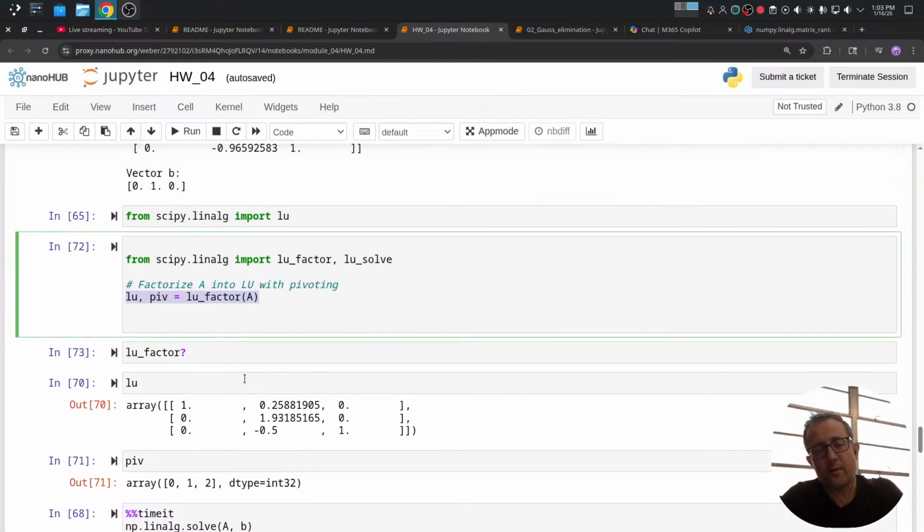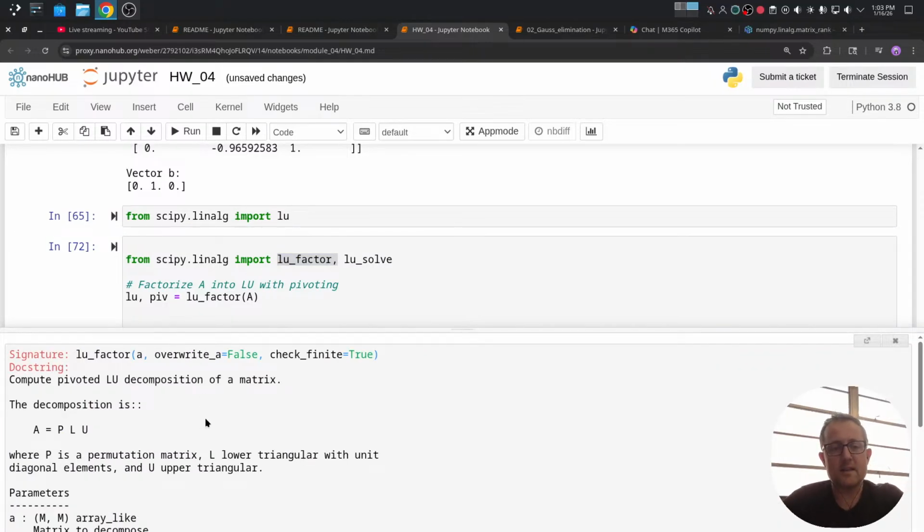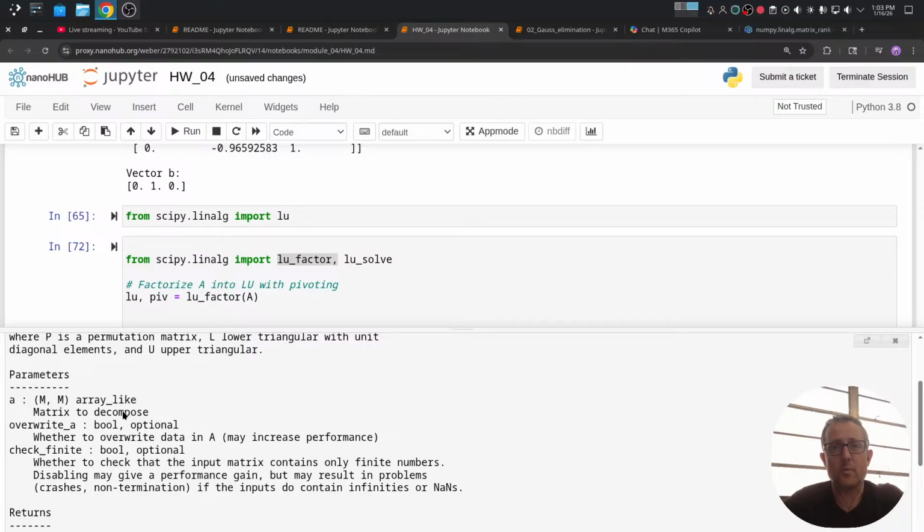Again, if you're going to import code from other places, rather than grabbing an LU factorizer from Stack Overflow or from ChatGPT, just grab the LU factorization from SciPy, because it has a nice doc string. It has a website. It has a whole team of people supporting it.